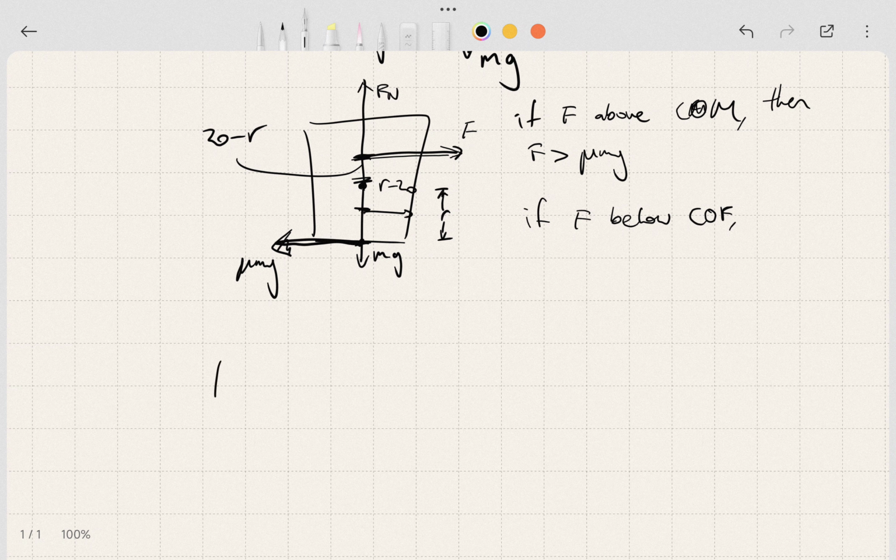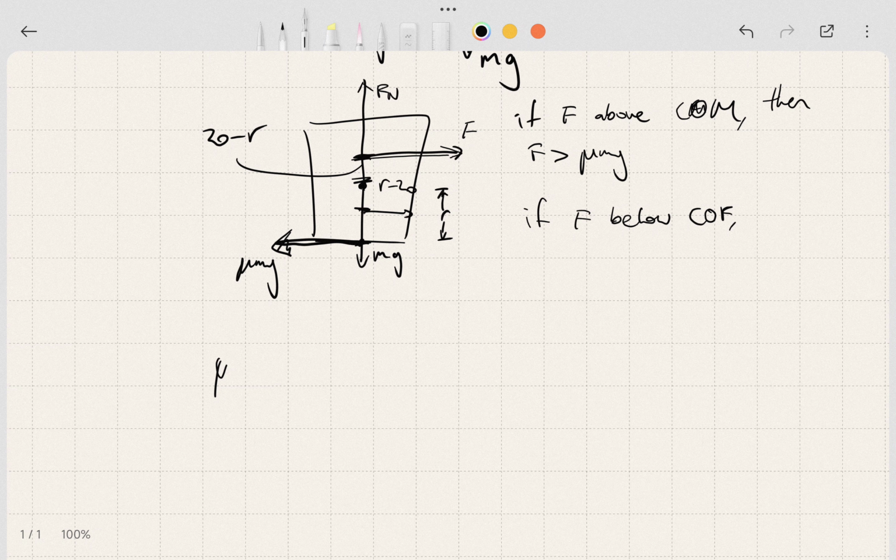Resolving the torques. Wait a minute. There is a problem with the torques.